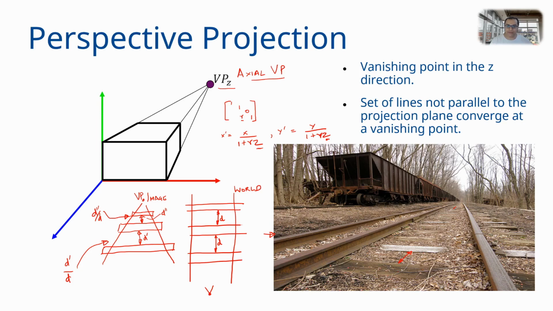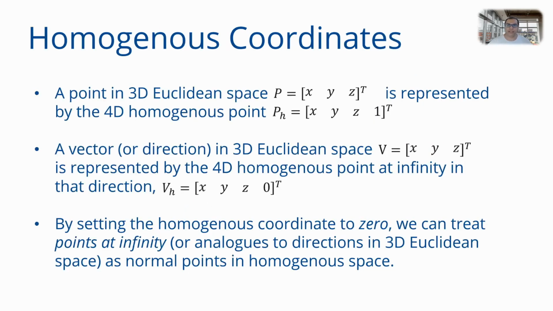Before we can actually write down the math for vanishing points, I want to make a small observation about homogeneous coordinates. Remember, we had said that a point x, y, z in 3D Euclidean space maps to a 4D homogeneous point x, y, z, 1, right? What if we are given a vector in Euclidean space?